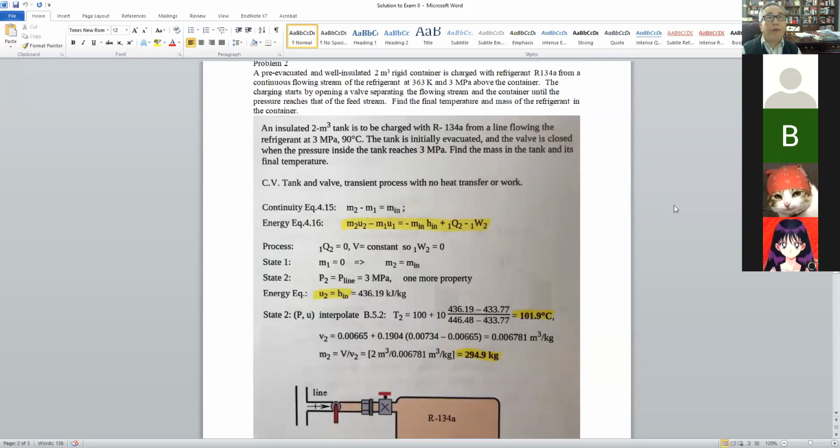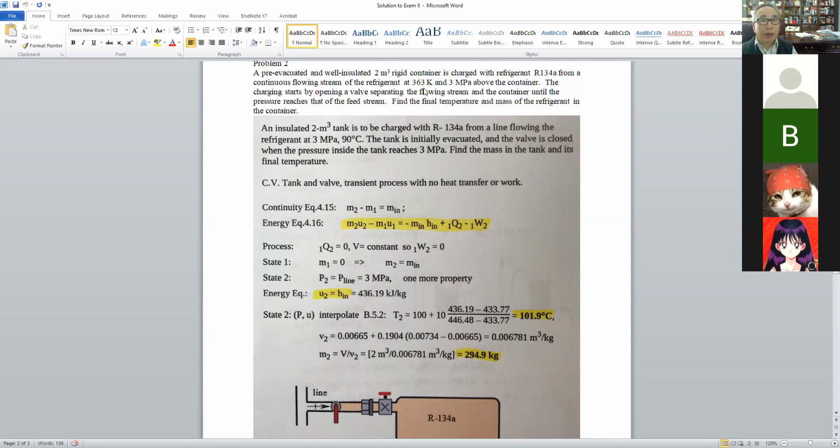Okay, here we have a P evacuated. Every time I can give you a hint. Every time I see this word P evacuated, I know it's an open system operated under steady state. Okay, if we have a P evacuated, well insulated, rigid container with known volume, is charged with a refrigerant from a continuous flowing system at a given temperature and pressure.